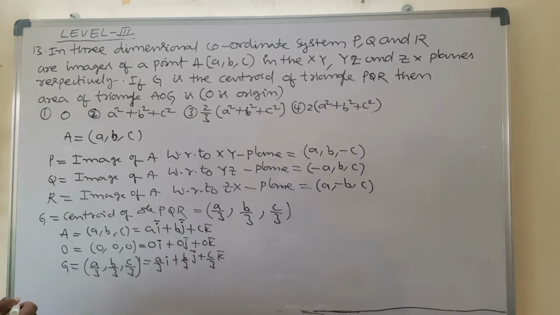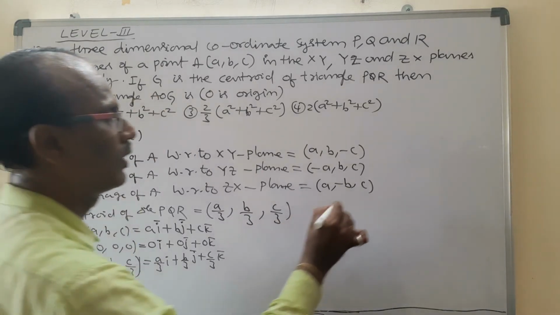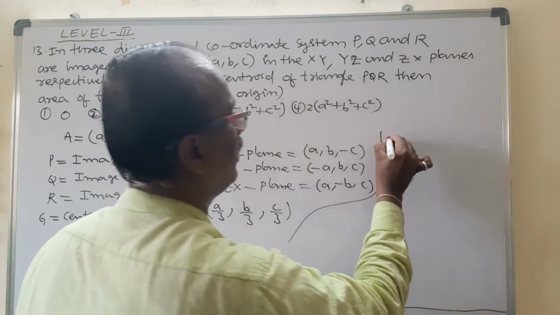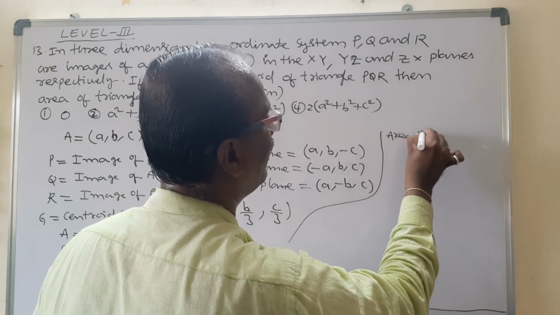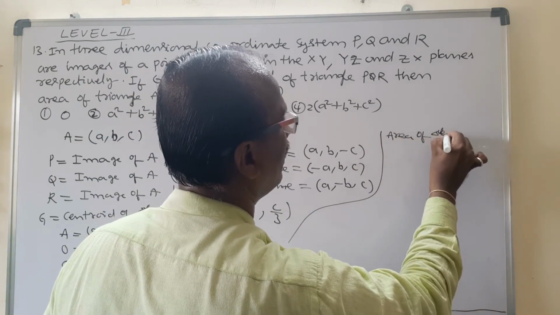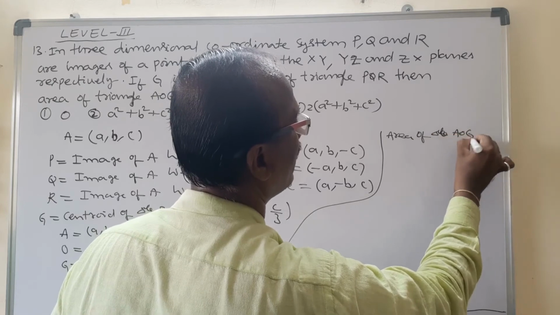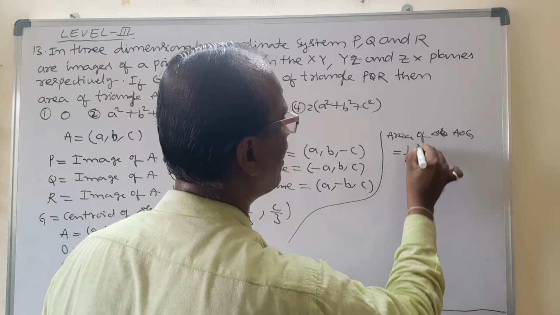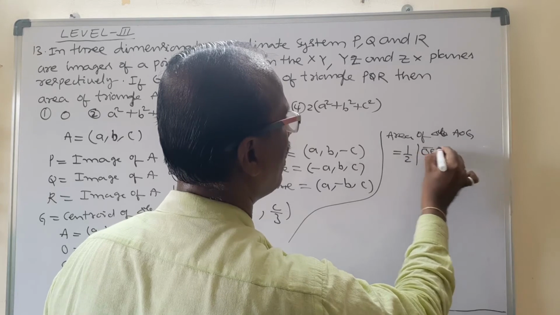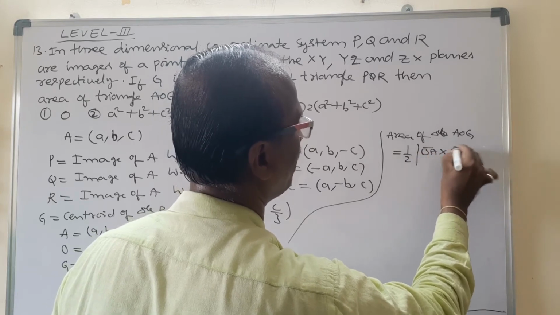To find the area of triangle AOG, it is half of the modulus of OA cross OG.